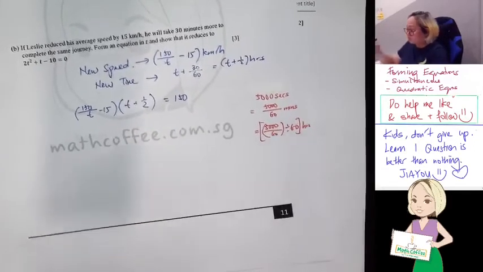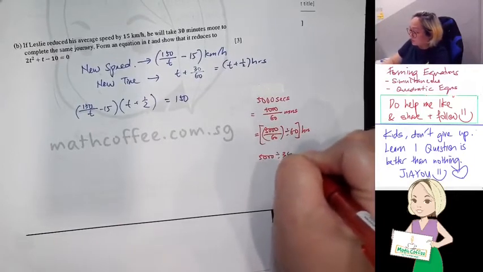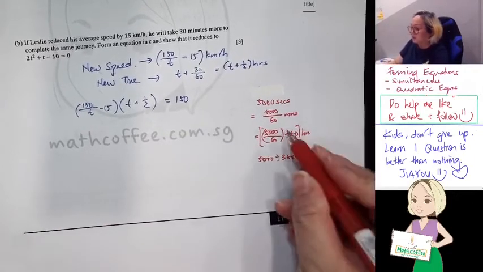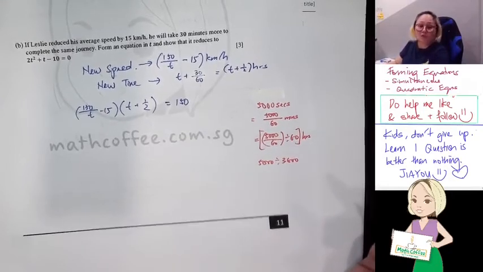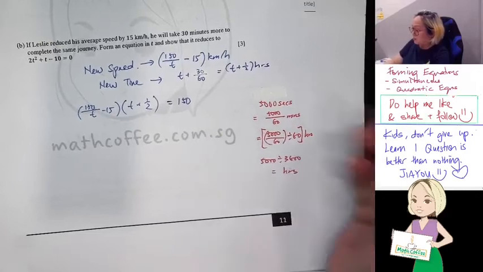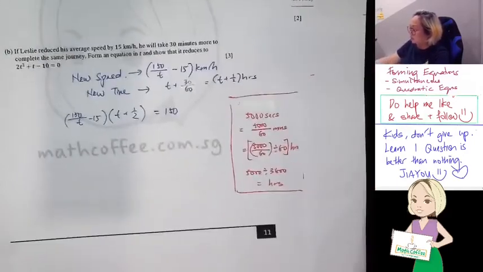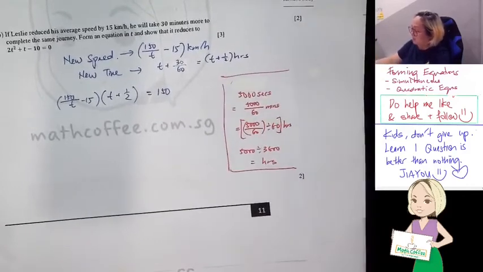You understand? So in short, it means that you divide 5,000 by 3,600, because 60 times 60 is 3,600. It's the same thing. So this is just an additional thing that a student asked, on how to convert seconds to hours.